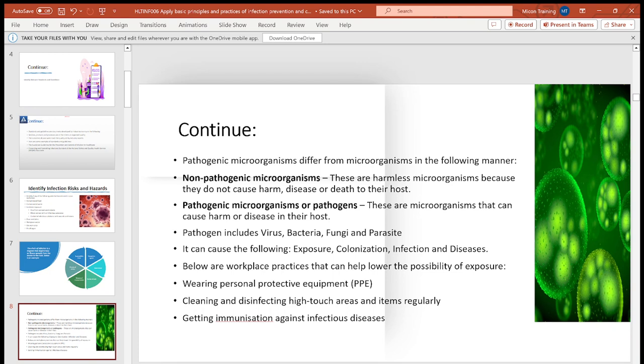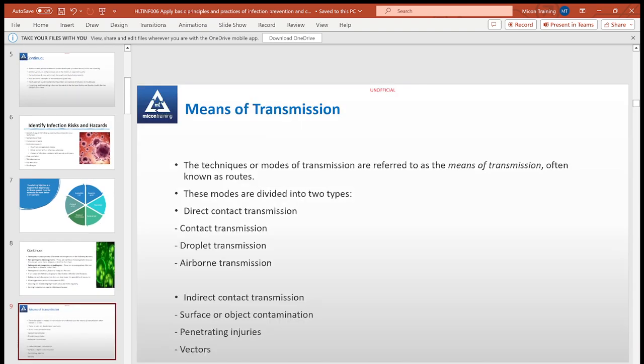Some other high-traffic areas in our workplace might be the mouse, or the place where we switch off the lights. All these are areas that we need to think about when we are supporting our clients. Getting immunization against infectious diseases is also very, very important. That is why in the healthcare industry we are expected to have COVID vaccination, in order not to put ourselves or our clients in harm's way.